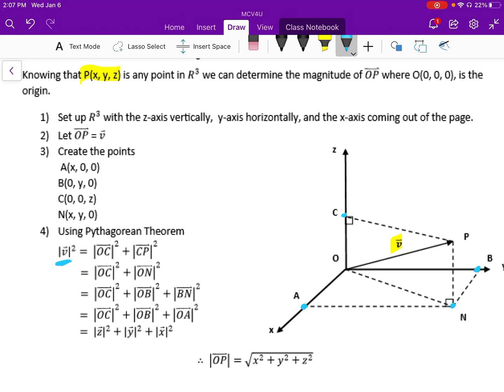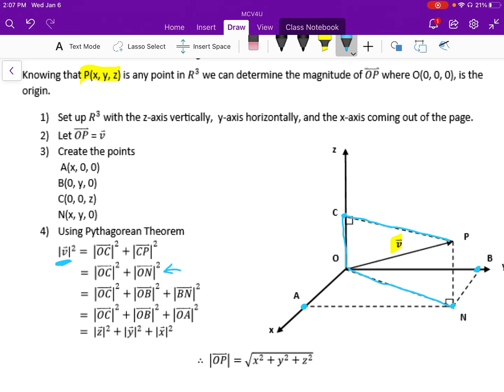Take a look at CP. CP itself is identical to ON. If you take a look at that rectangle that's formed, OCPN, CP is equal length to ON. So we just transform the CP to ON, and that's what we have in the second line.